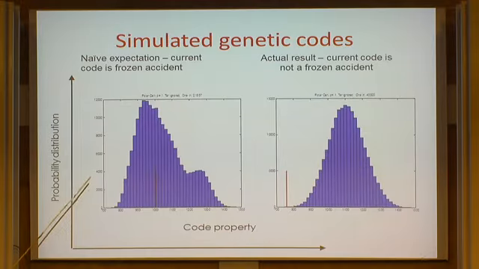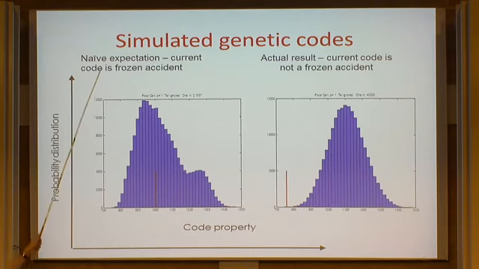So now what you do is you do a Monte Carlo simulation. You go and measure that number over as many codes as you can sample. And what you're going to get then is a code property, in this case the polar requirement score, and this is the probability distribution of that. You're going to get some kind of bell-shaped curve that looks like this.